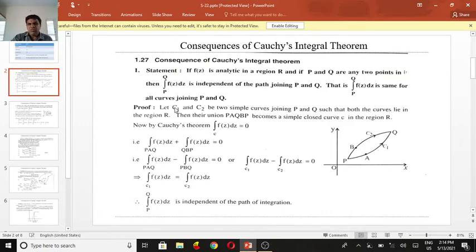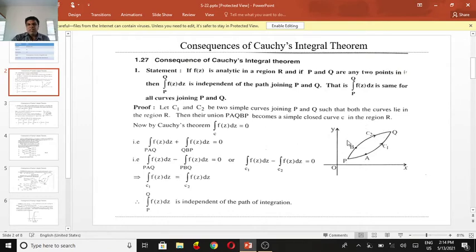Let C1 and C2 be two simple curves joining P and Q, such that both curves lie in the same region R.